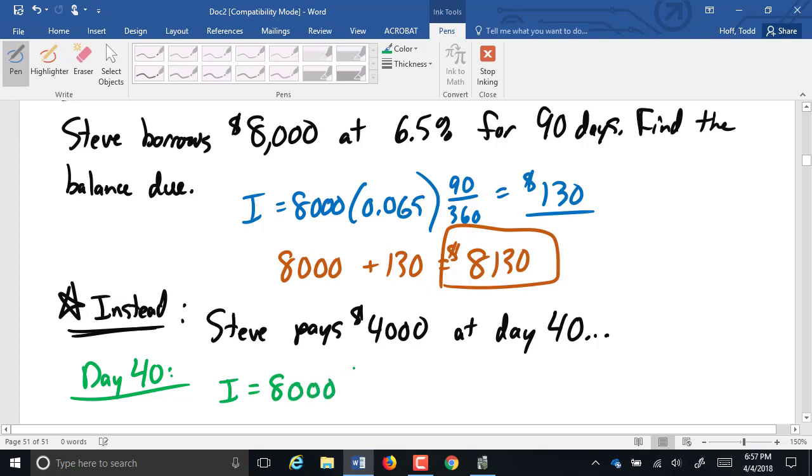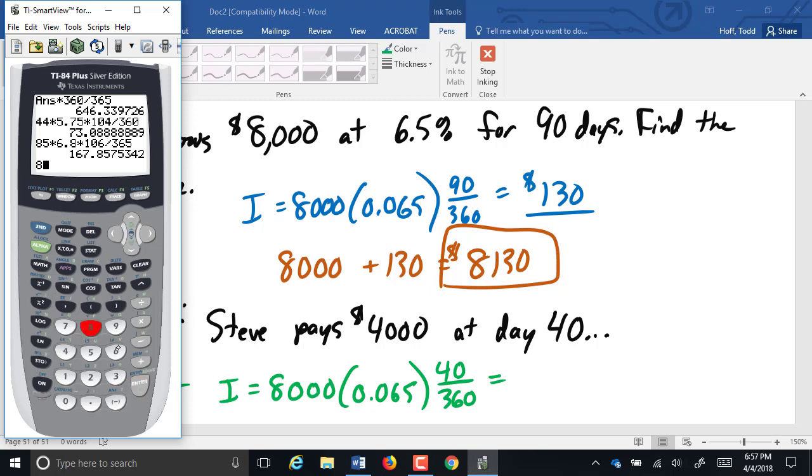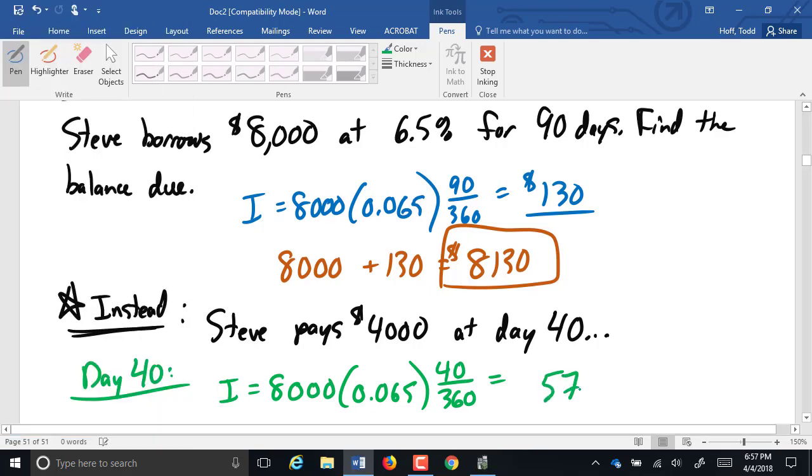So it's $8,000 times 0.065. This is day 40, so it is 40 over 360. You have $57.78 in interest, is that correct? Okay.